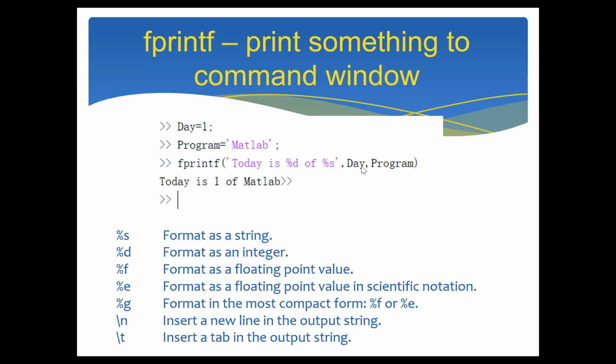Here, day is a numerical value, program is a string. But by having them, we can output a very complex sentence. And you can also insert \n, which will switch to a new line in the print. \t will insert a tab. Some of them will be used later when we want to print out some results.